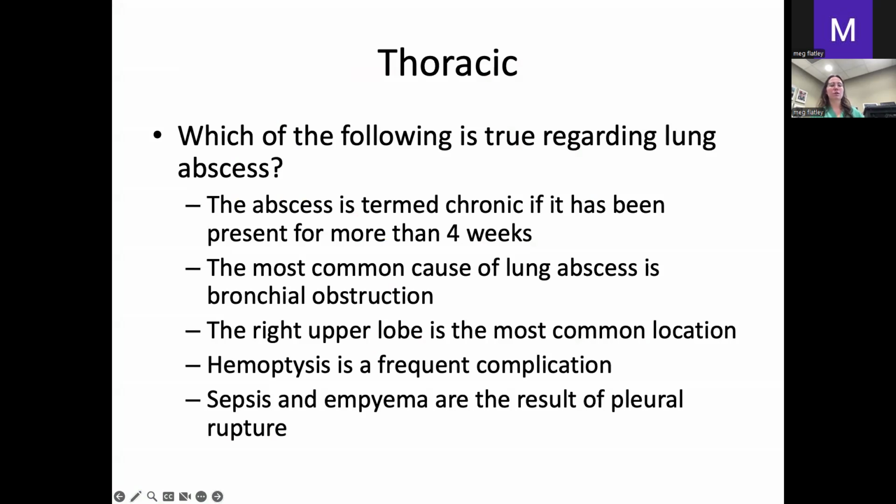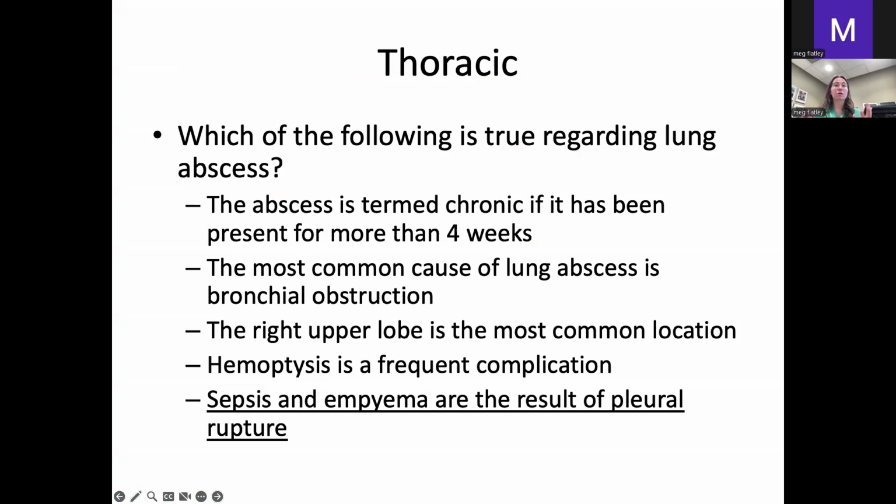So this was just a question about lung abscesses. I don't know that this specifically would be tested, but it was talking about how sepsis and empyema are usually the result of that abscess rupturing into the pleural space. I think it's an interesting thing because it lends to how we treat these, right?